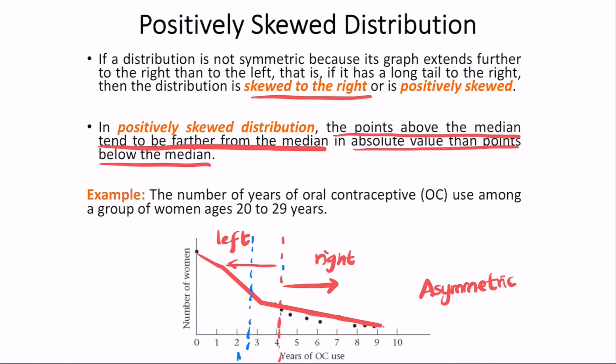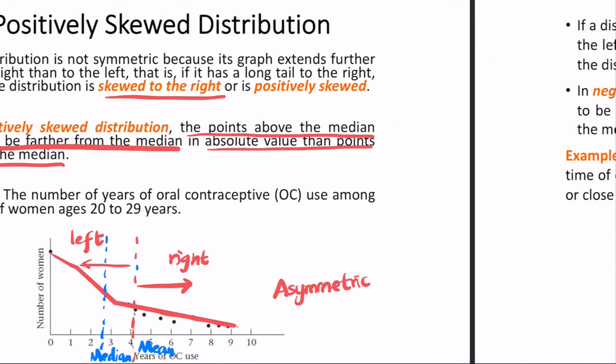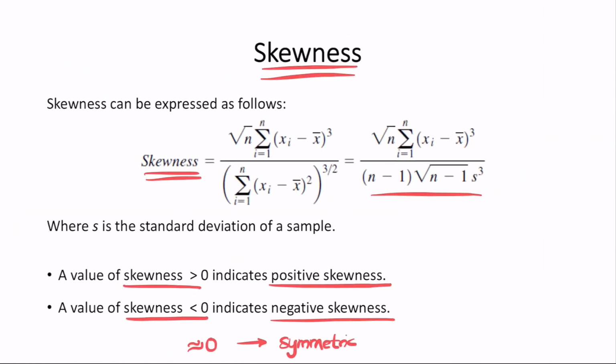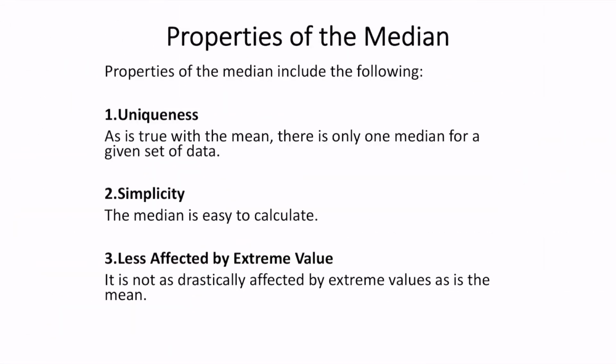So this would be the median, and for example this would be the mean. This is how the distribution would look. In the opposite case, the median always favors the larger number of observations, so this would be the median and this would be the mean. This is how we can determine whether a particular distribution is positively skewed or negatively skewed.